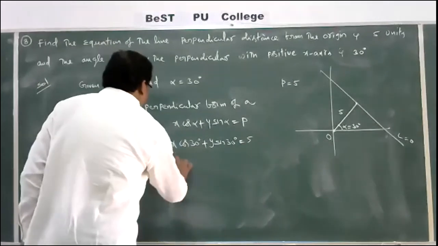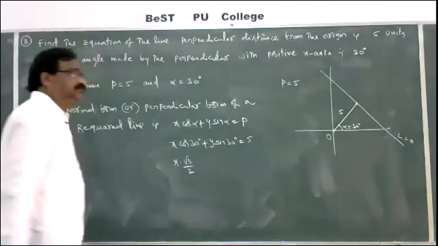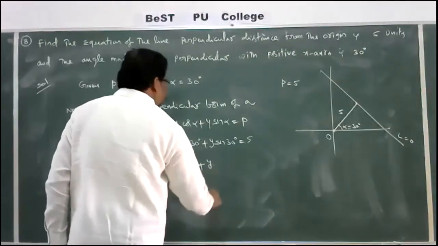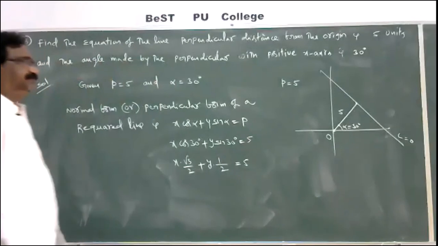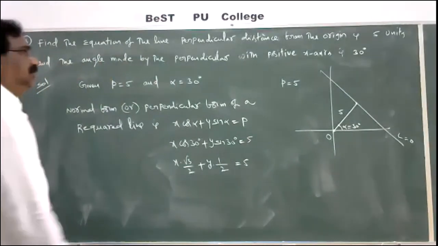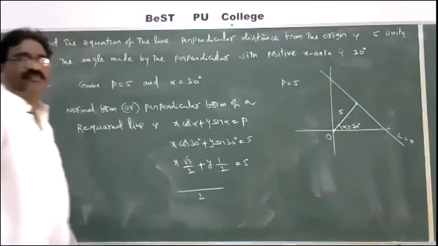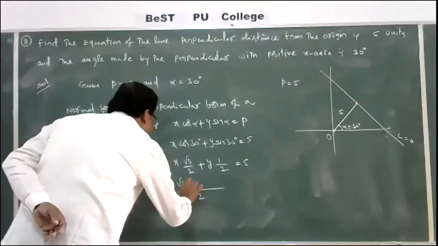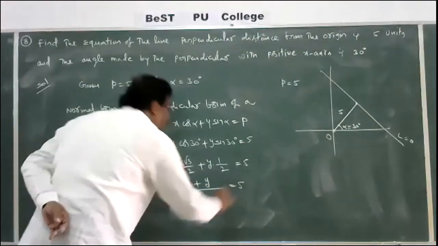So x into cos 30 degrees is root 3 by 2, plus y into sin 30 degrees is 1 by 2, is equal to 5. So 2 is the LCM here. This is root 3x plus y is equal to 5.